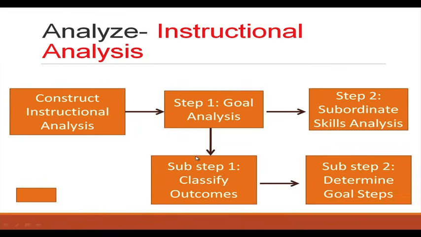Step 1 is the goal analysis, and its sub step 1 is classify outcome, what I mentioned, and sub step 2 is determine the goal steps. If the goal analysis is over, we go to step 2, the subordinate skill analysis.